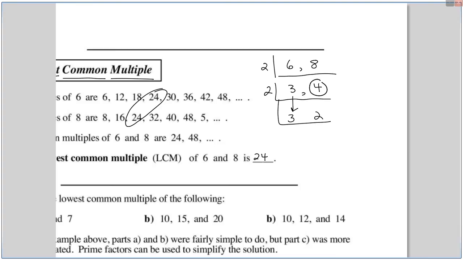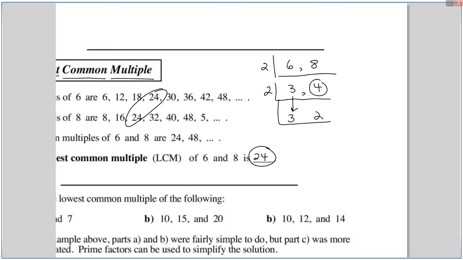Now, we need to make sure we get 24. Does anybody see it? 2 times 2 times 3 times 2. What is that? Yeah, what is the product of all these primes? 24.